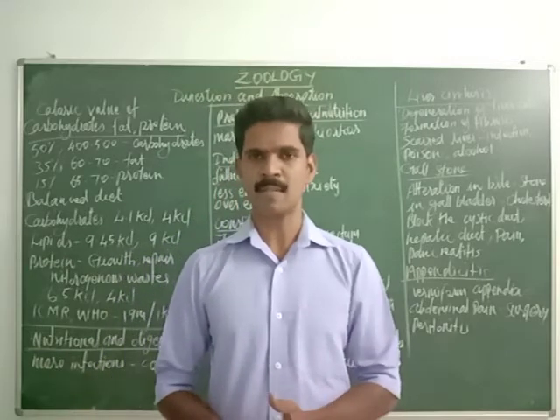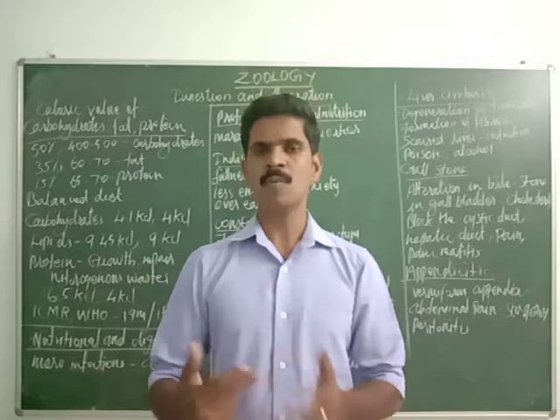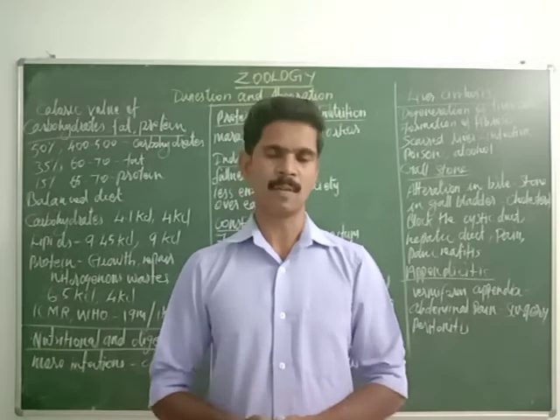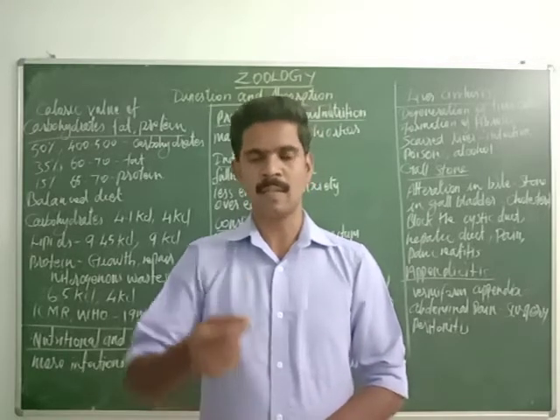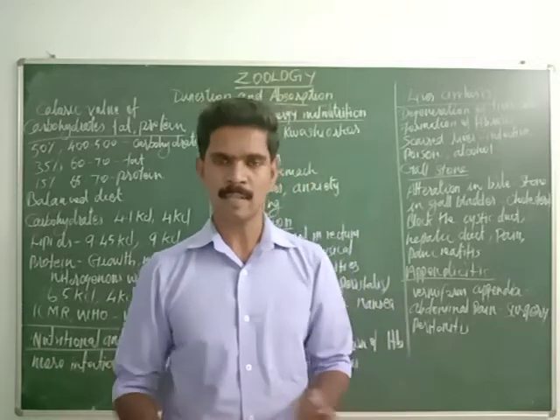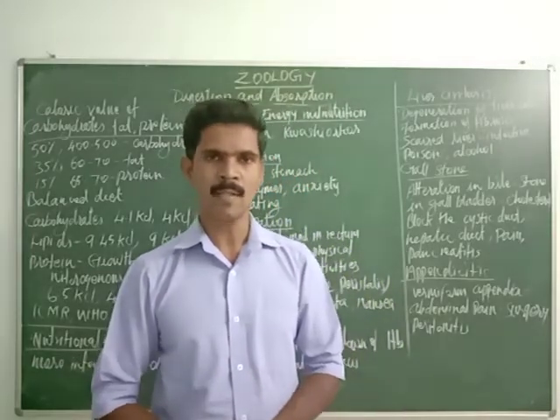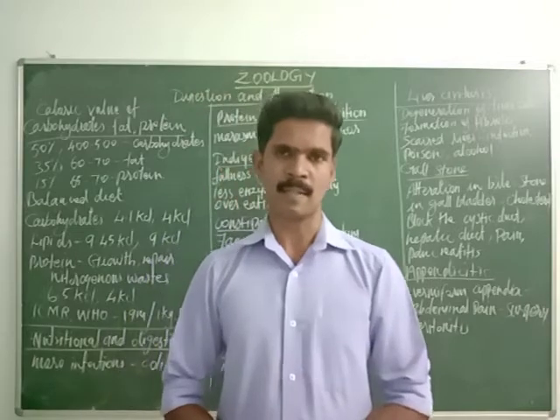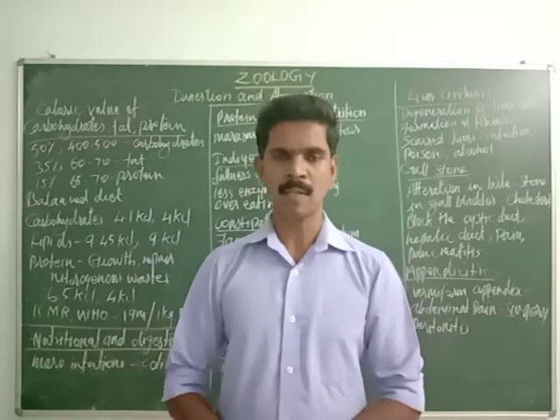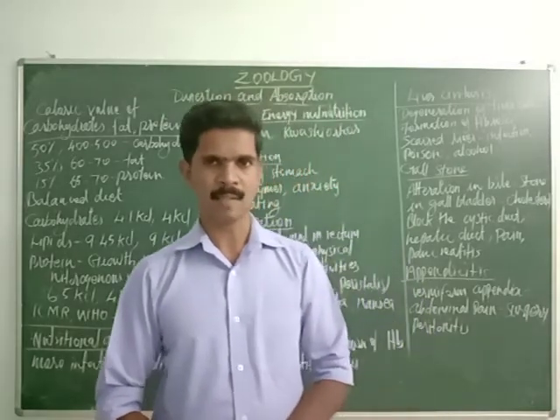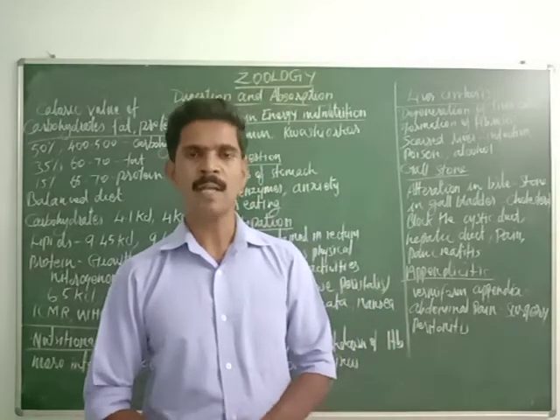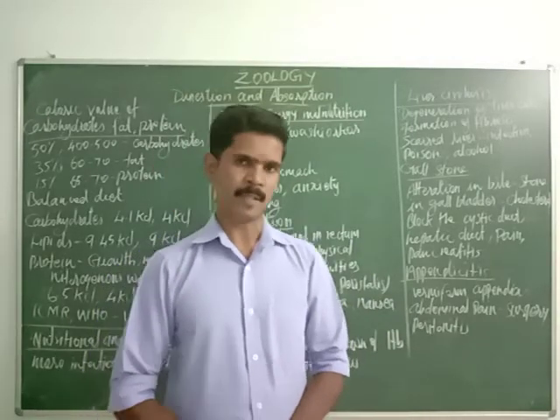Because of the absence of muscle tissue, the bones are covered with folded skin. That appearance we can see in the body of the affected children. Understand, dear students? So now we have completed the symptoms of kwashiorkor and marasmus.